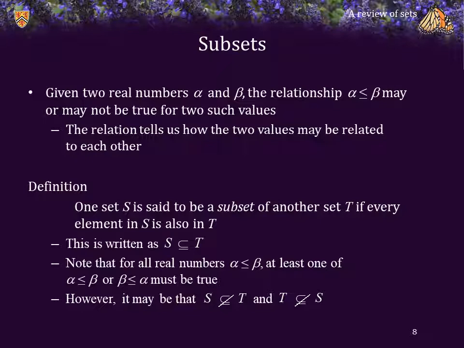On the other hand, the real number -1/2 is in the set of all numbers on the interval from -1 to 1, but it is not in the set of all positive real numbers. So, in this case, the set of all positive real numbers is not a subset of all real numbers on the interval from -1 to 1, and all real numbers on the interval from -1 to 1 is not a subset of the positive real numbers.